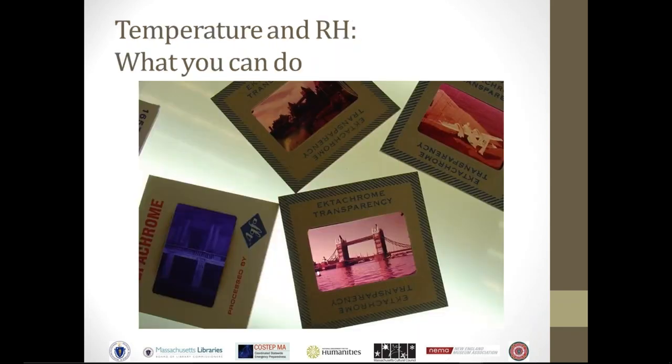So what can we do to prevent these dangers from high temperatures and high relative humidities, or low temperatures or low relative humidities? There's a lot of different routes that we can take.